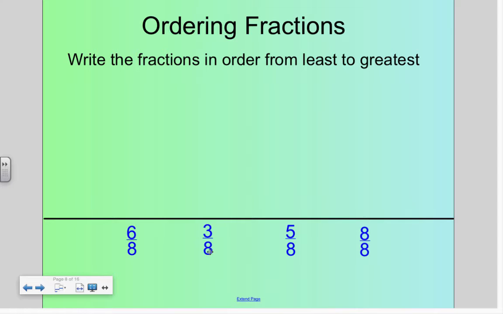Three-eighths. We have 3 pieces. That's the smallest. Sometimes I like to see which is the smallest and the biggest. So 8/8, that's an entire pie. We have 8 out of the 8 slices. So then we can fill in the in-betweens with 5/8 and 6/8.